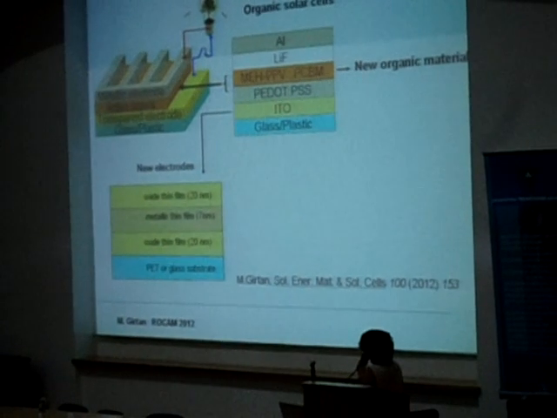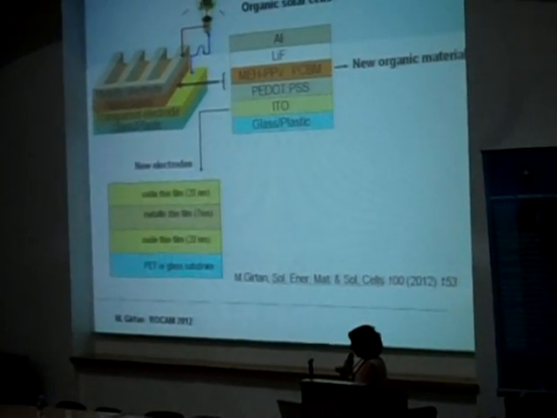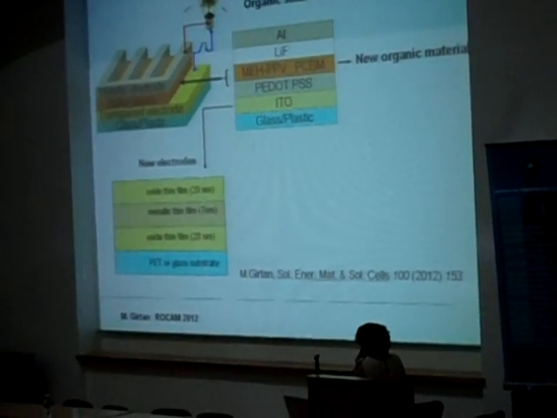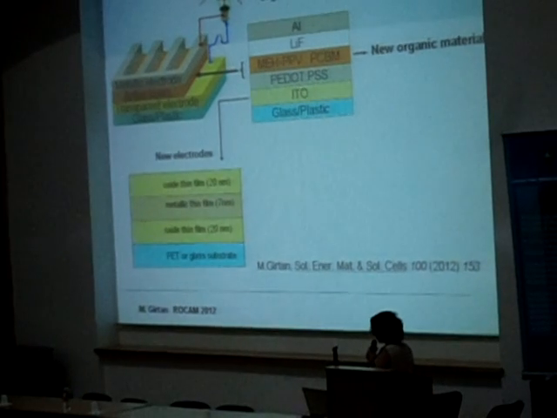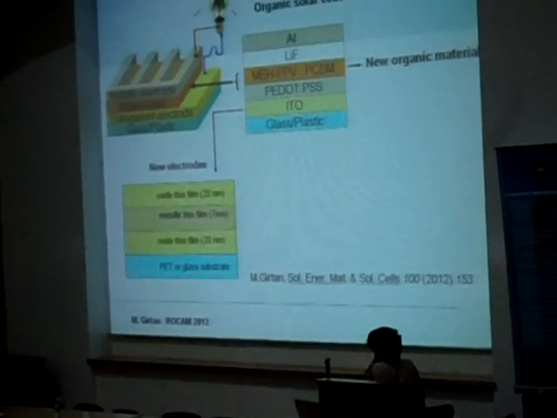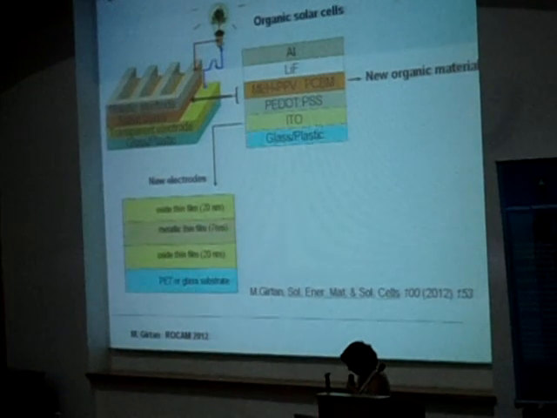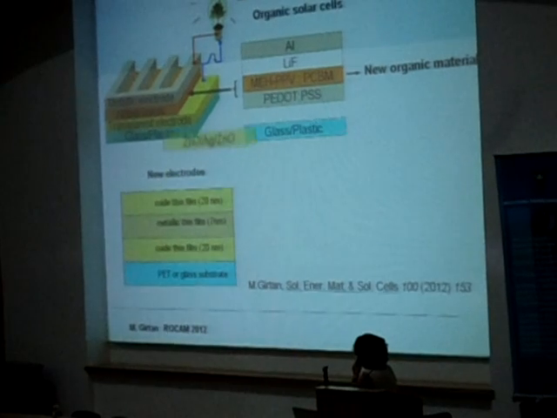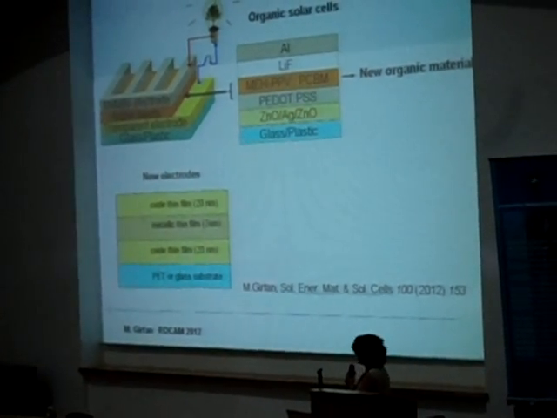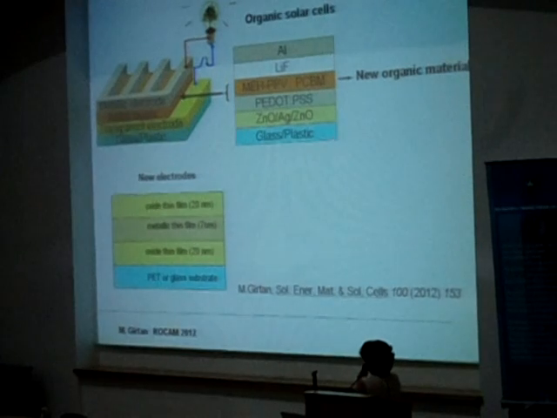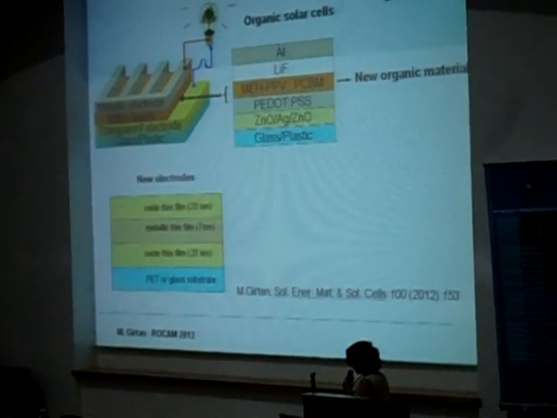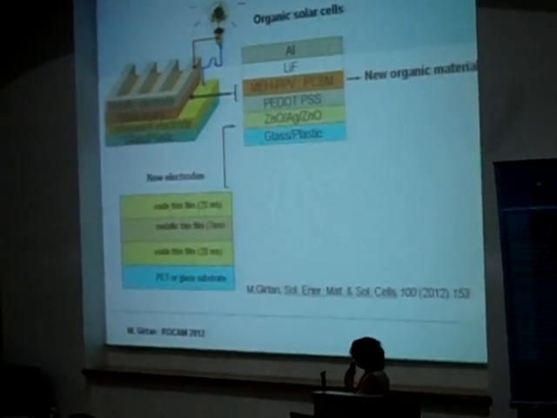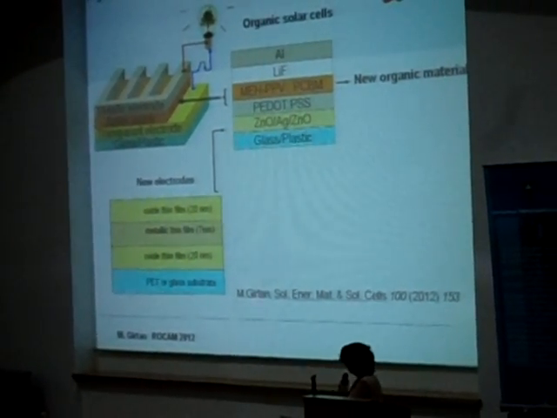The advantage of these 3 layers is electrical stability, and tomorrow I will present a talk concerning the advantage of these 3 layer electrodes compared to single transparent conducting oxide. So this maybe will be the future for organic solar cells, to replace ITO with these 3 layer electrodes, which could be zinc oxide, a metallic layer, which could be silver or gold or other metals, and then zinc oxide again, or ITO or other oxide.